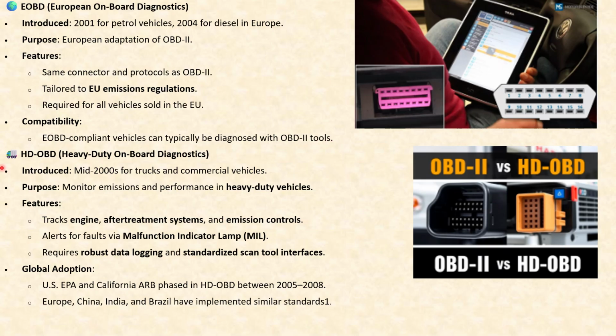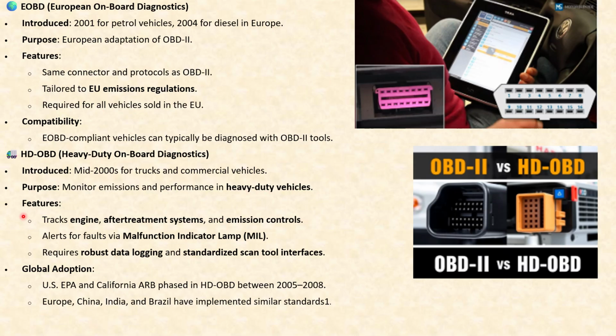Now coming to heavy duty OBD, it is also almost the same, but there are some subtle differences which I will explain. Heavy duty onboard diagnostics was introduced in the mid 2000s, around 2005, for trucks and commercial vehicles. The main purpose is to monitor emissions and performance in heavy duty vehicles.